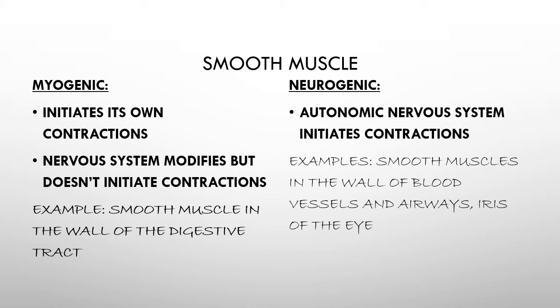Again, the nervous system does have that ability to modify it. Different areas of the smooth muscle, in terms of location and type of smooth muscle, have either myogenic or neurogenic control, depending upon where they are. If they do have myogenic control, they still have, the same as the cardiac muscle, modification available through the autonomic nervous system.